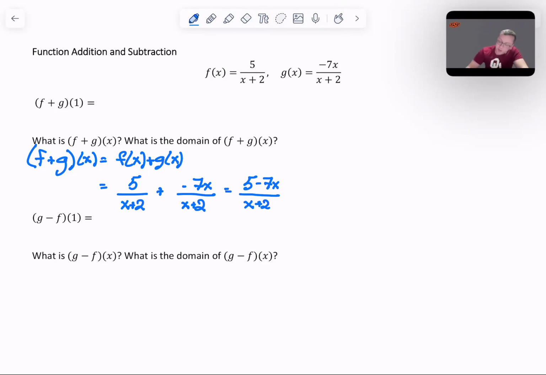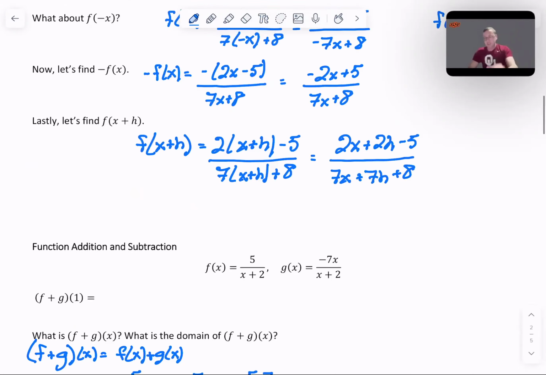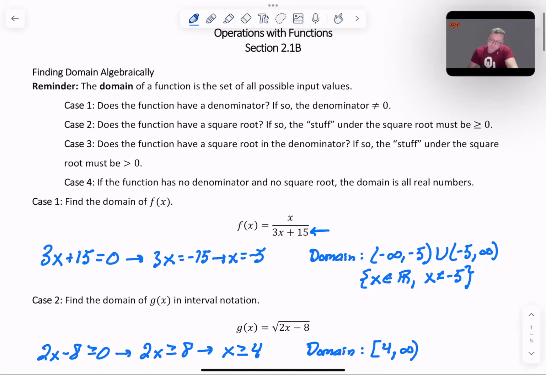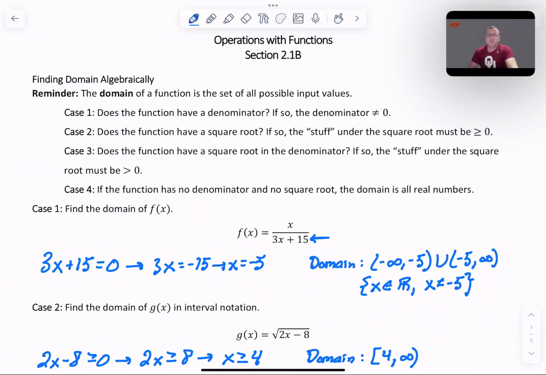Now, if I want to find the domain, this fits into what case? 1, 2, 3, or 4 from up top? What do you think? Which one does it fit into?